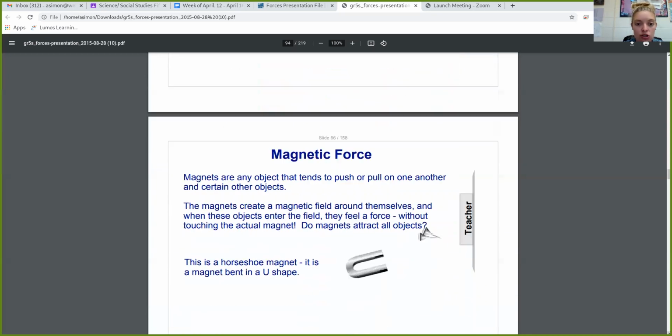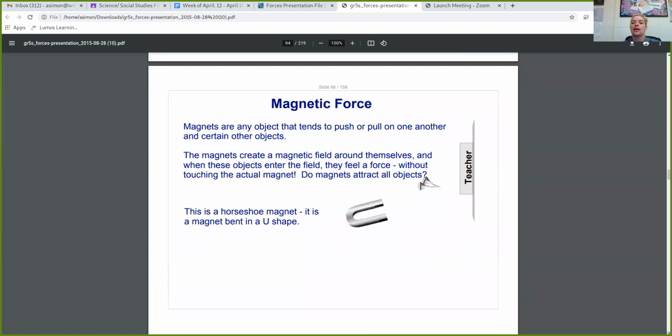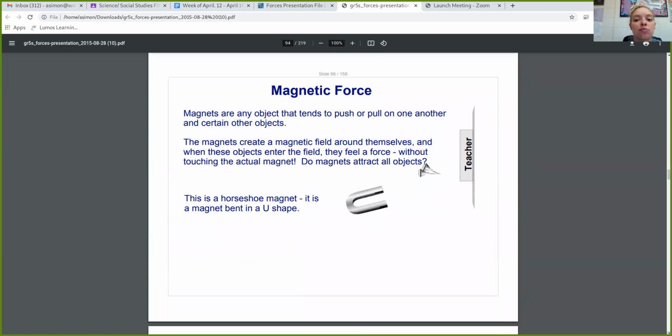All right, moving on. So the first one we're going to talk about and focus on today is magnetic force. So magnets are any object that tends to push or pull on one another and certain other objects. So go ahead and put this down in our notes, please. A magnet, magnetic force, any object that tends to push or pull on one another and certain other objects.